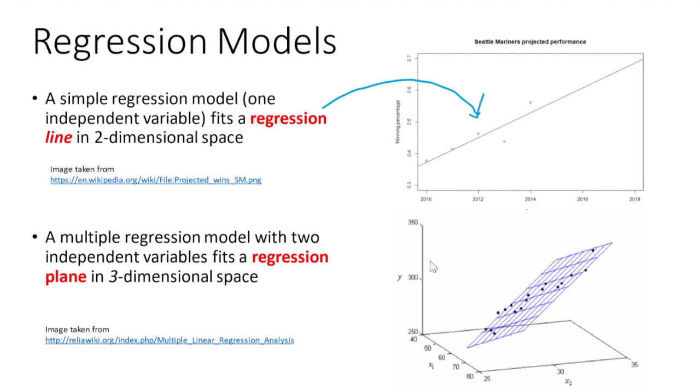Meanwhile, a multiple regression model with two independent variables fits a regression plane such as the one over here in a three-dimensional space. So if you have three independent variables, you would have four-dimensional space.